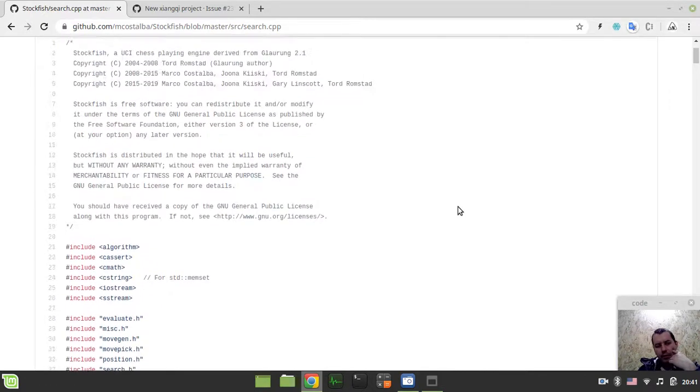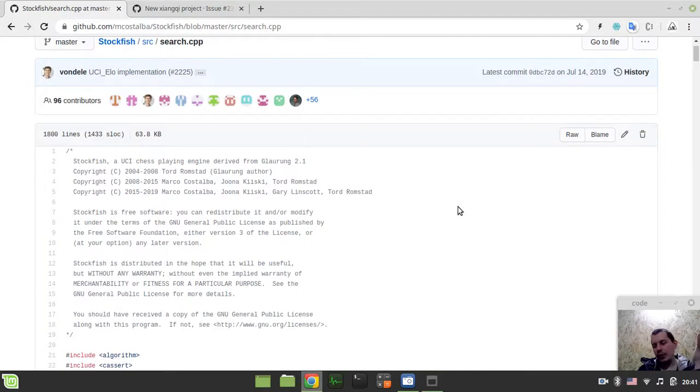Let's try to summarize what we've learned from this conversation so far. It's incredibly important to have the clear initial goal.